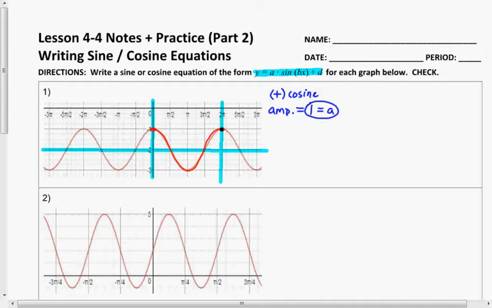All right. What is the vertical shift? It's scooted down how far? It's scooted down to -2, isn't it? So the vertical shift is -2, and that's what D should be. And then the only thing left to find is B, and that has to do with the period.